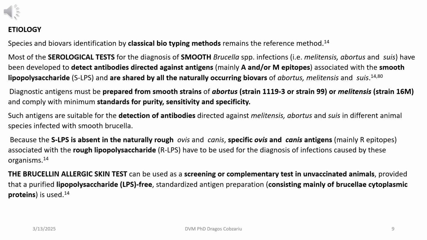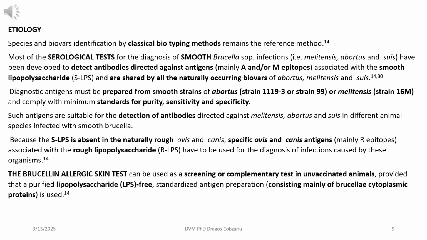Most of the serological tests for the diagnosis of smooth Brucella spp. infections have been developed to detect antibodies directed against antigens associated with the smooth lipopolysaccharide and are shared by all the naturally occurring biovars of abortus, melitensis and suis. Diagnostic antigens must be prepared from smooth strains of abortus or melitensis and comply with minimum standards for purity, sensitivity and specificity.